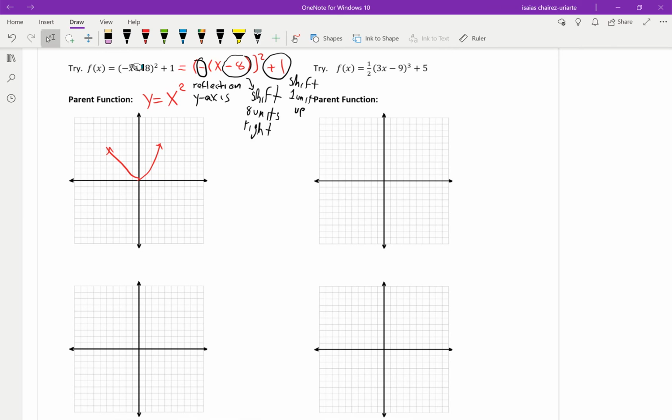So anytime that you have a number in front of your x, in this case I had a negative 1, you have to factor it out. So I factored out the negative, I opened up parentheses, it became x minus 8, and now that's how I recognize that the minus 8 is actually in the opposite direction. It's 8 units right.